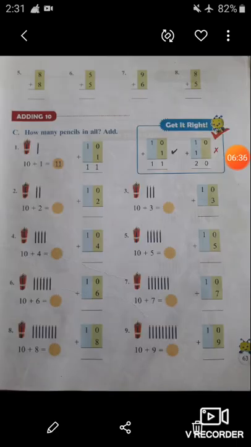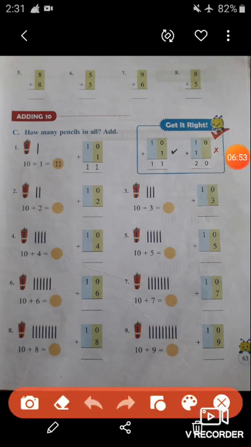Now students, let's come to the next topic, adding 10. So students, here we are going to discuss the topic adding 10. Question number C, how many pencils in all? Add. Students, in this question, look here, a bundle of pencils is given. So students, in a bundle of pencils there are 10 pencils.